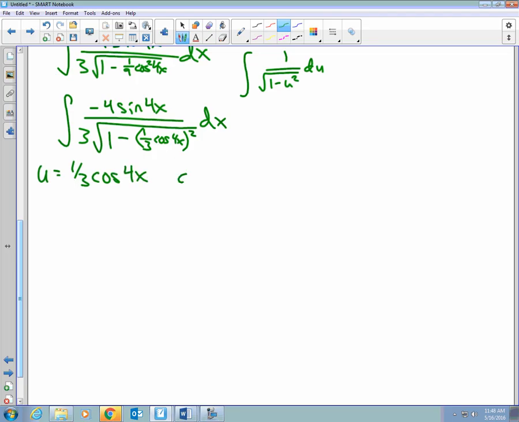If I take the derivative, what rule do I have to use? The chain rule. Derivative of the inside, thirds. Derivative of the outside, negative sign. So we did come up with the negative. Okay, so we're not going to have to use that part cosine.